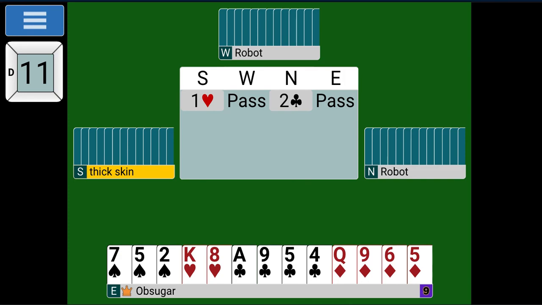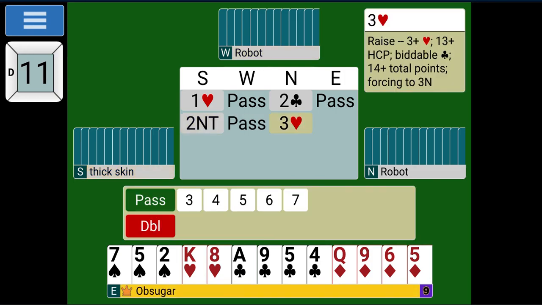Okay, yeah, got it right. Thick skin is going to bid 2 no trump, showing his shape, and he gets delayed support in hearts. And when I say showing shape, in this situation where he bids 2 no trump, they play that this does not show extra values. It just simply shows a balanced hand with 5 hearts.